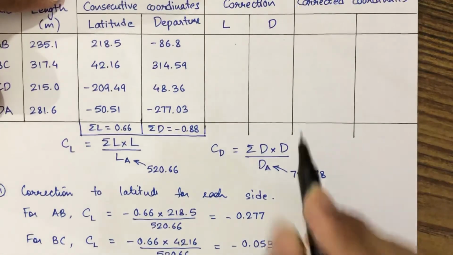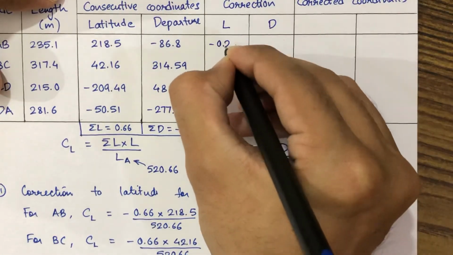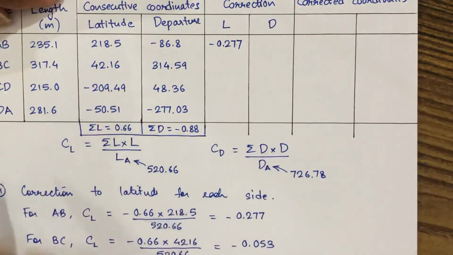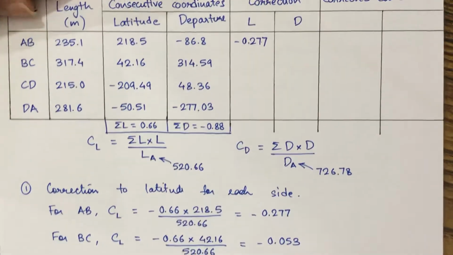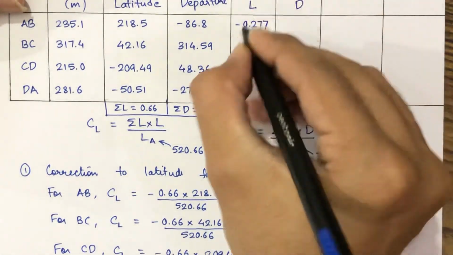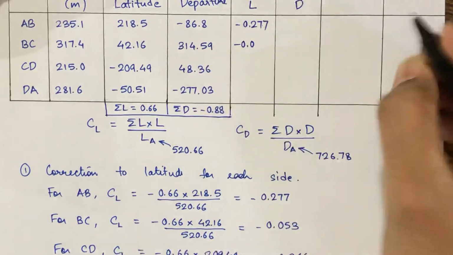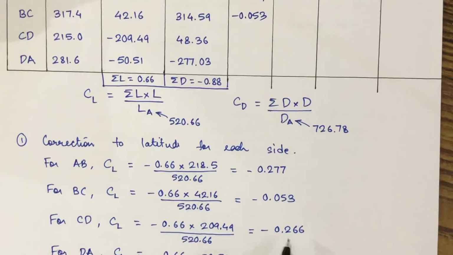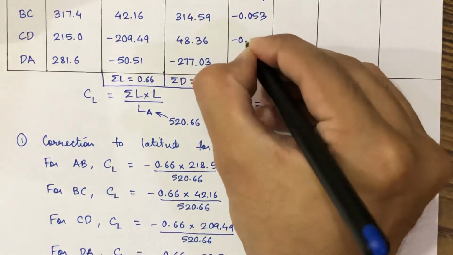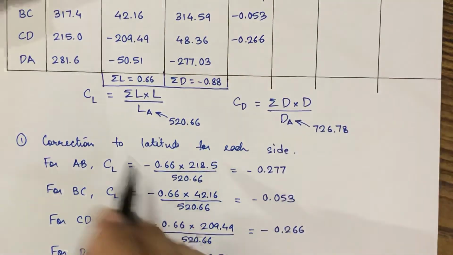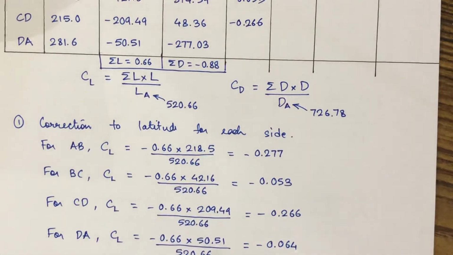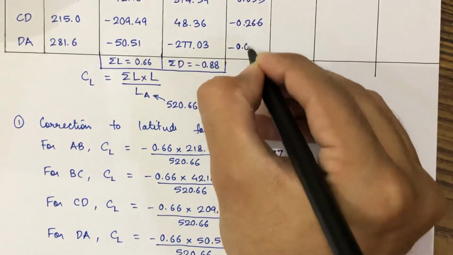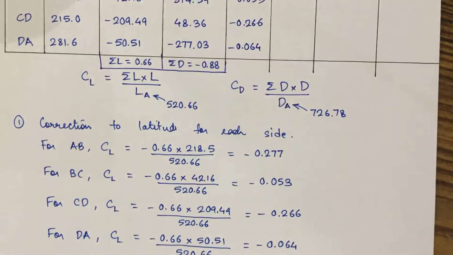So first is minus 0.277 for AB. For BC it is minus 0.053. For CD it is minus 0.266. And for DA it is minus 0.064.